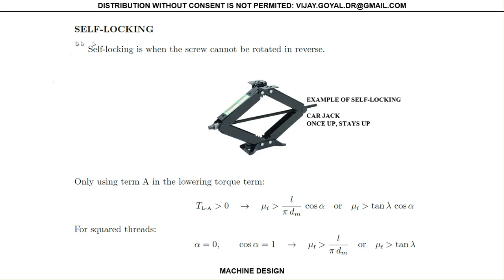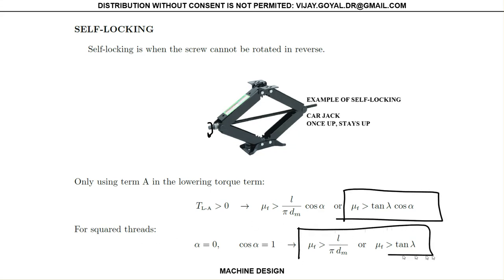Then you have two unique applications. One is when you want self-locking. Self-locking is the case of the power jack or the car jack, right? When you stop rotating this and you stop, you want it to lock itself and stay there. So the condition for locking is given by this expression, and if it's a square thread, a power screw, it is given by this expression.